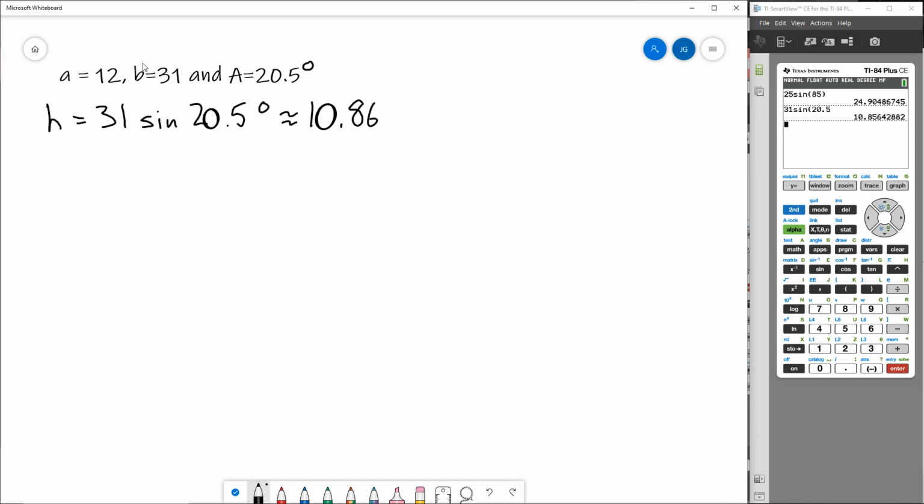So at this point, we are firmly in the situation where we have an angle that is acute, a height that is less than the opposite side, and the opposite side being less than the adjacent side. In other words, H is less than A is less than B. This means that we have two triangles.